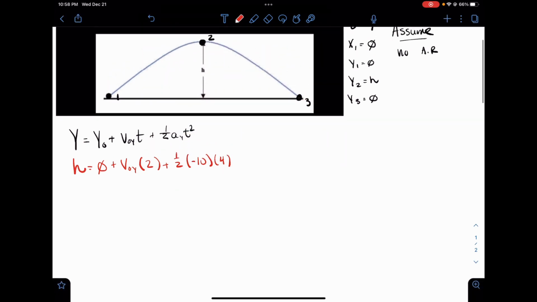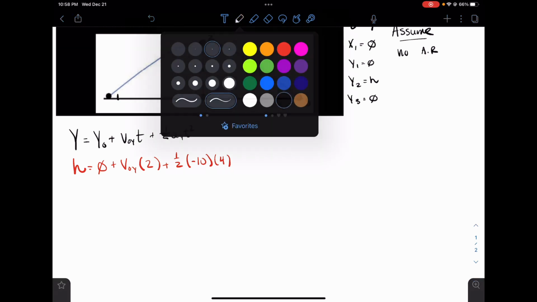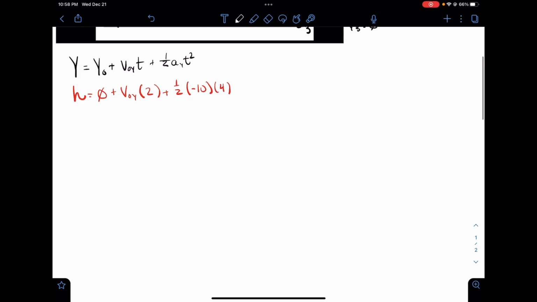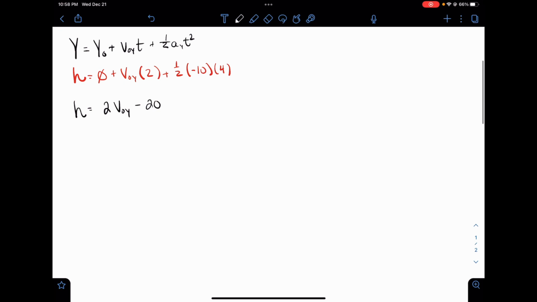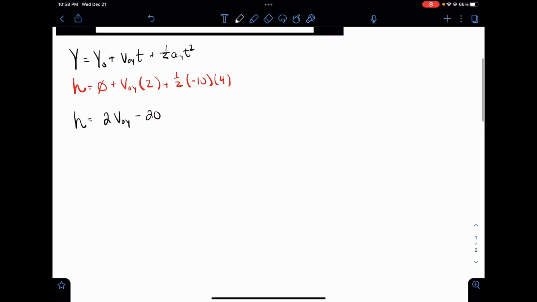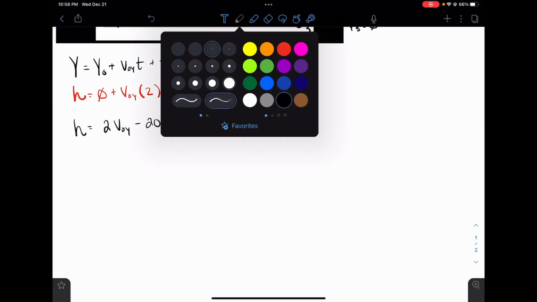So this is essentially the height if you start at the initial position with the initial speed, halfway through it at second 2 with all of these other accelerations. If you go and solve for this, it's going to be h equals 2 v naught y minus 20. So all we need to do from this spot is find v naught y, and that's going to be found using one of the other equations.